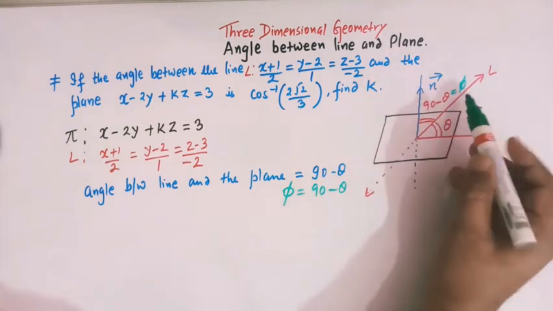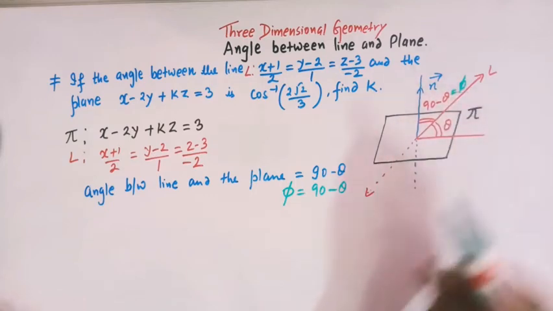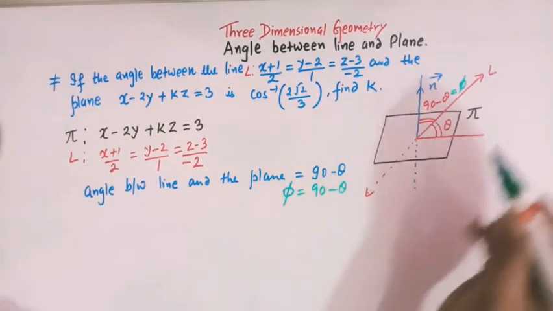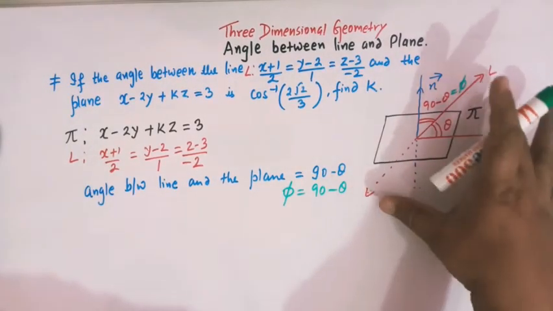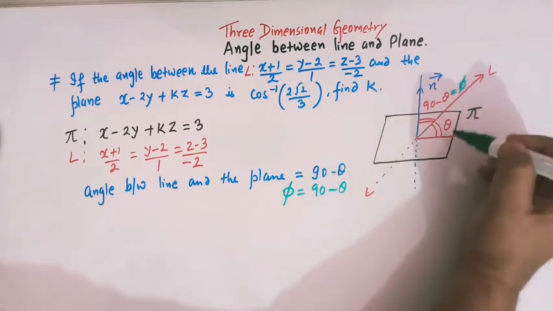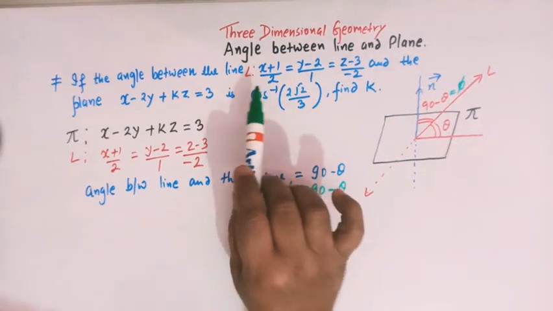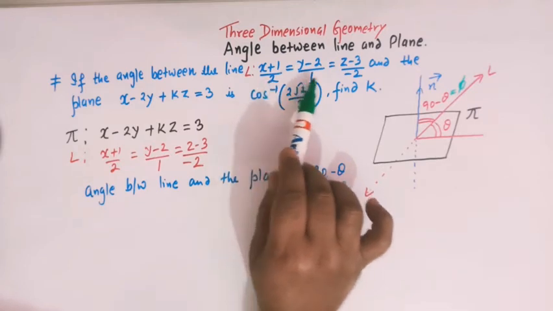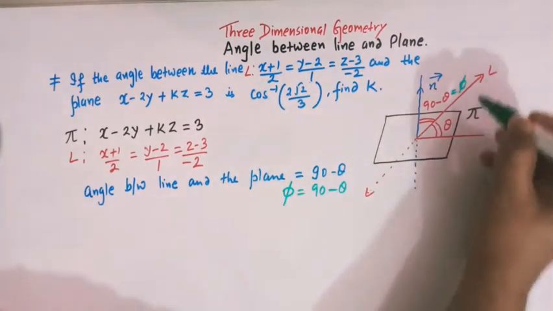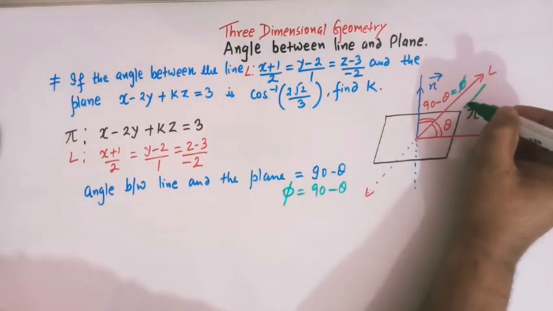So now we have to find phi, and we know that there is a vector which is parallel to a given line, right? And the vector is given by the DRs of this line, and let us take the vector like this.